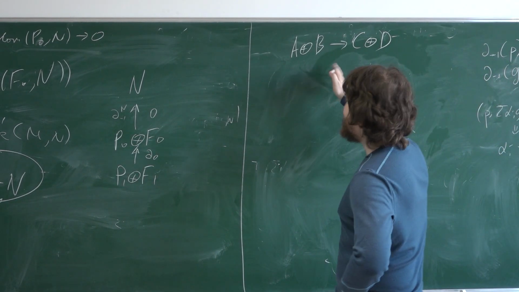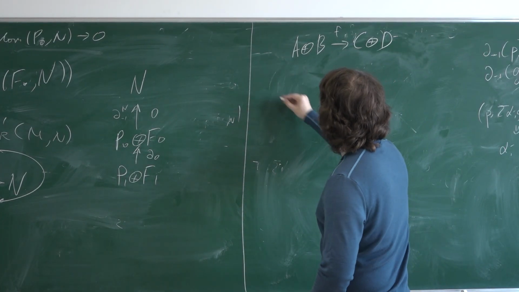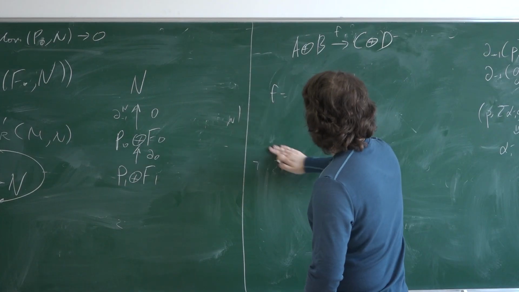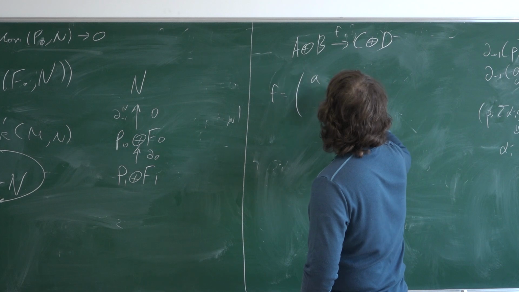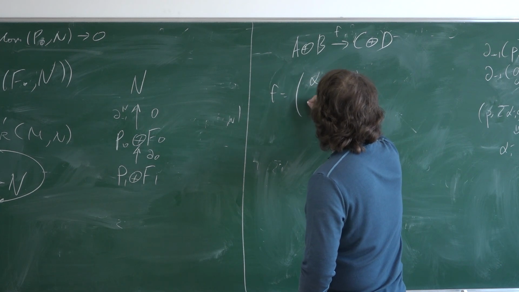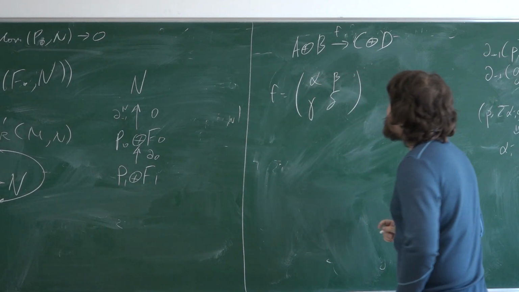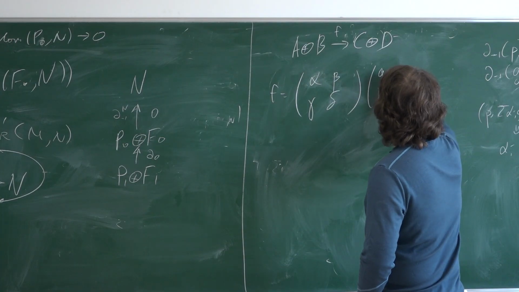In general, it's a 2-by-2 matrix. Any such homomorphism can be written down as a matrix alpha, beta, gamma, delta, which acts on A, B, and you obtain C, D.